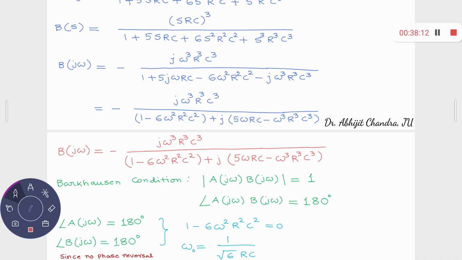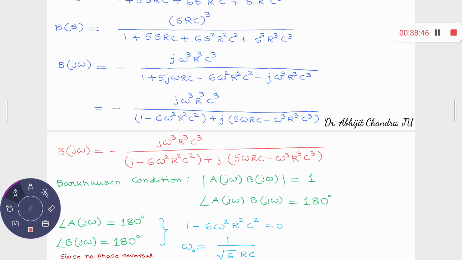That means the phase difference provided by the amplifier is another 180 degrees; if you take that into account, then there is no phase difference. So in some books the Barkhausen condition states that there is no phase difference and the gain is equal to unity, and in some books there is a phase difference of 180 degrees. That misconception should not be there.